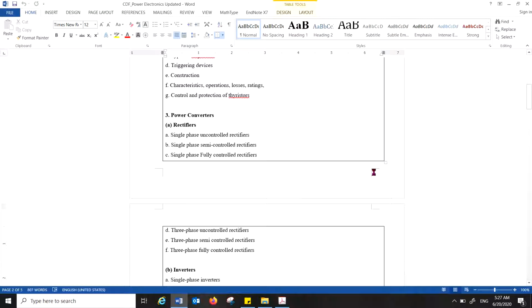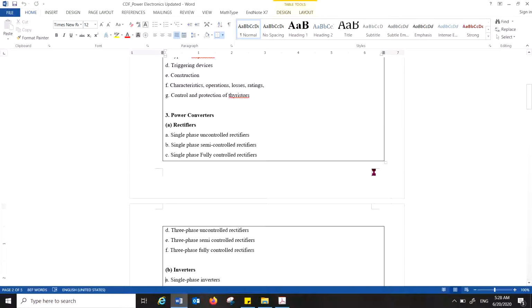Then we discussed the power converters, that is, the rectifiers. In the case of rectifiers, we discussed single-phase uncontrolled, where diodes are used, then single-phase semi-controlled.